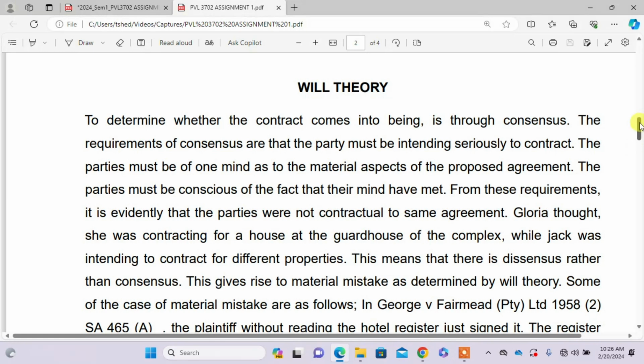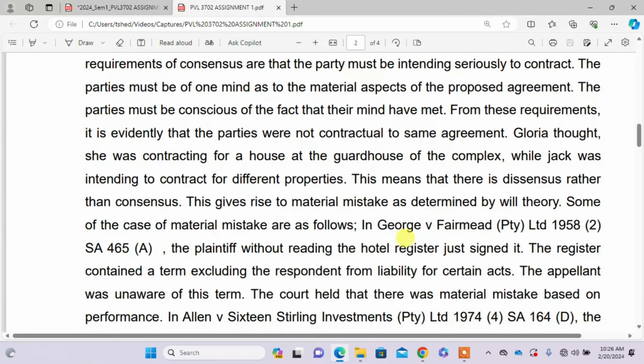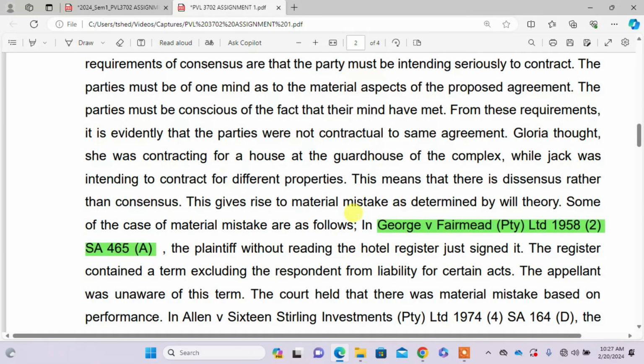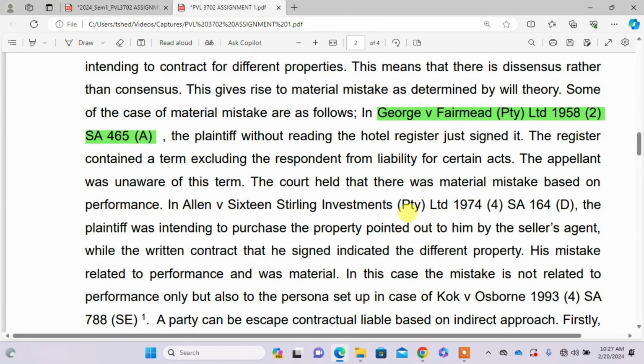Then I gave the case of George versus Payment, which you have to go and look for more information on. In this case, the plaintiff, without reading the hotel register, just signed it.